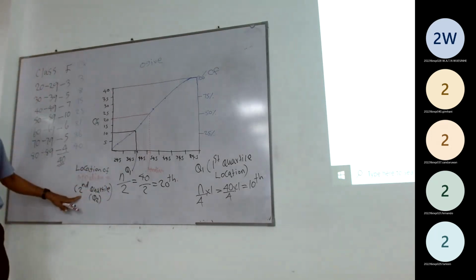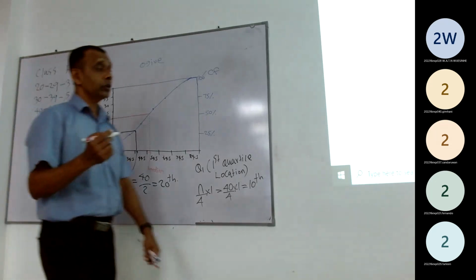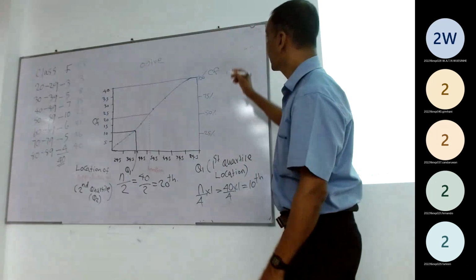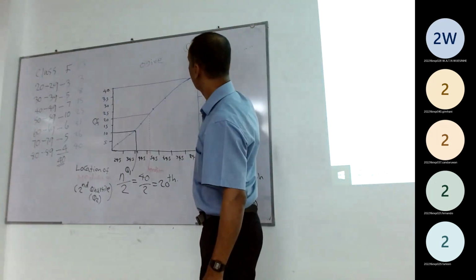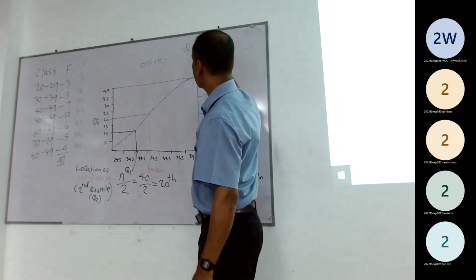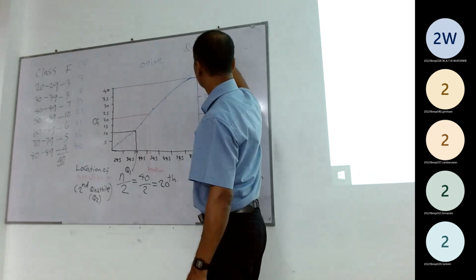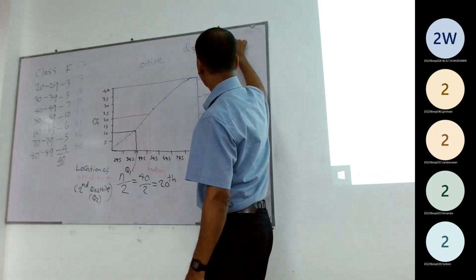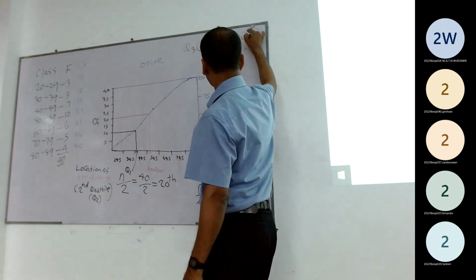Right, this is the second quartile or median. Then calculate the third quartile, Q3 location.